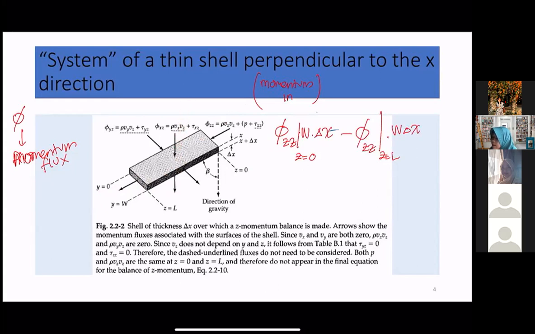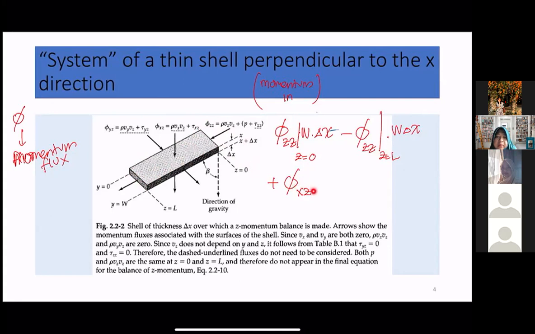And then plus Cxz. Cxz is actually the momentum in the x direction caused by the velocity Vz. If you look here, the perpendicular area for xz is, can you help me, what is the area for xz?